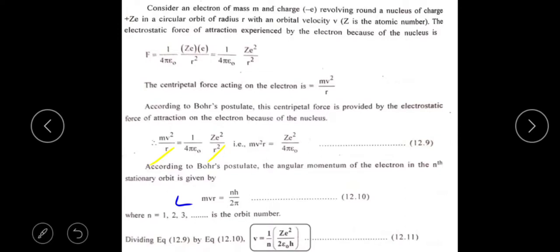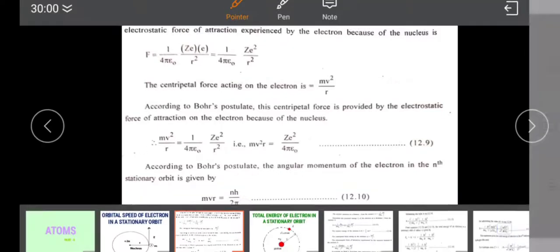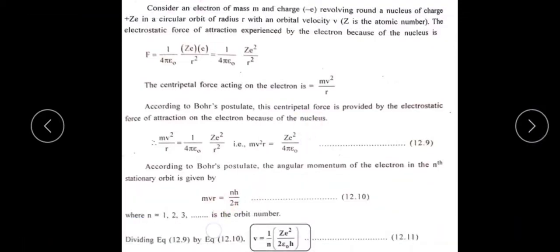Here some terms cancel each other. On the RHS, Ze square divided by 4 pi epsilon naught divided by nh divided by 2 pi. So 2 pi and 4 pi: 2 pi ones are 2 pi, 2 twos are.